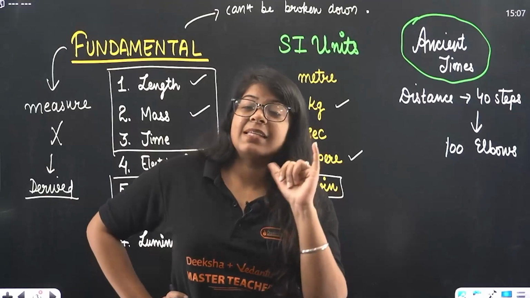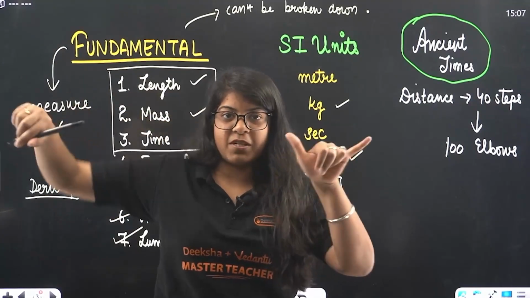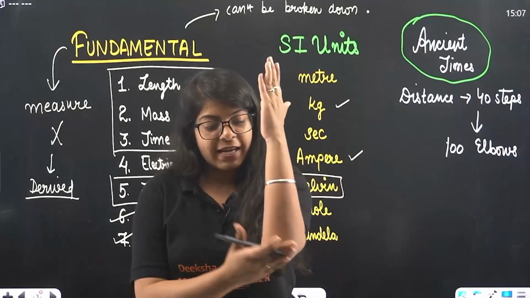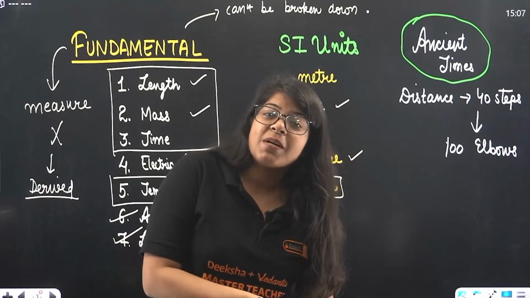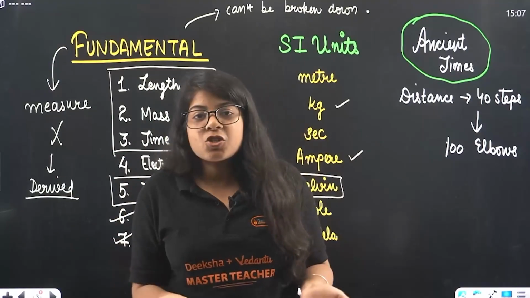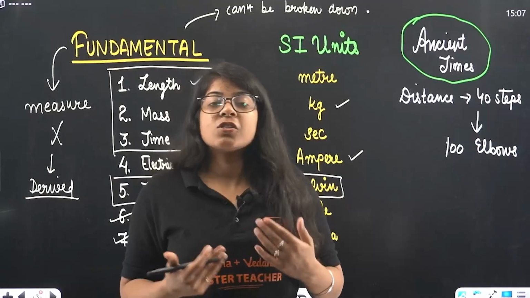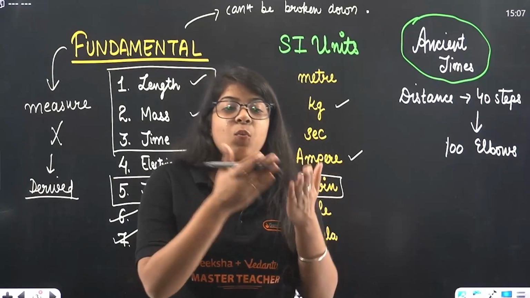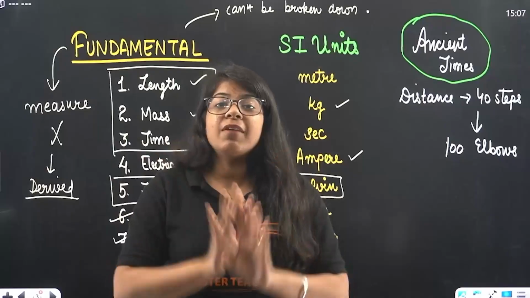Footsteps can be different, elbow lengths can be different, but 5 meter is the same for the person here and for the person in Alaska or Antarctica. That is why we got the concept of units, so that we understand what it is meant for, and it is the same everywhere in the world.